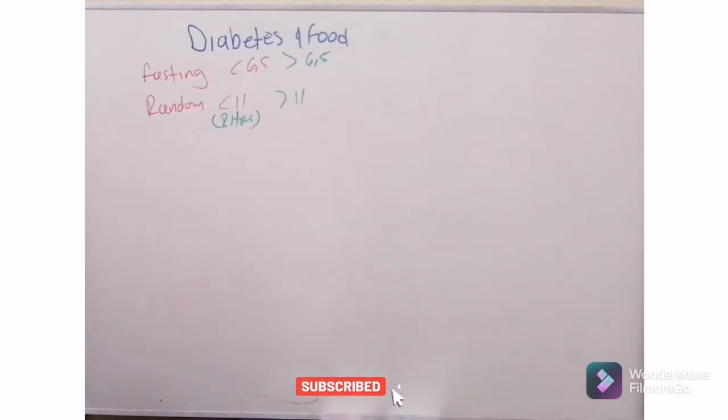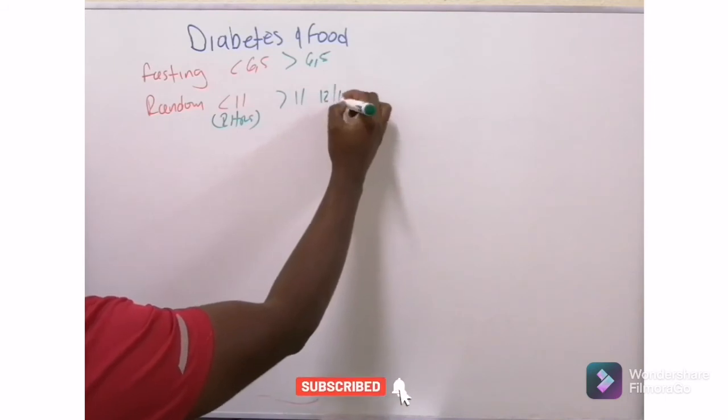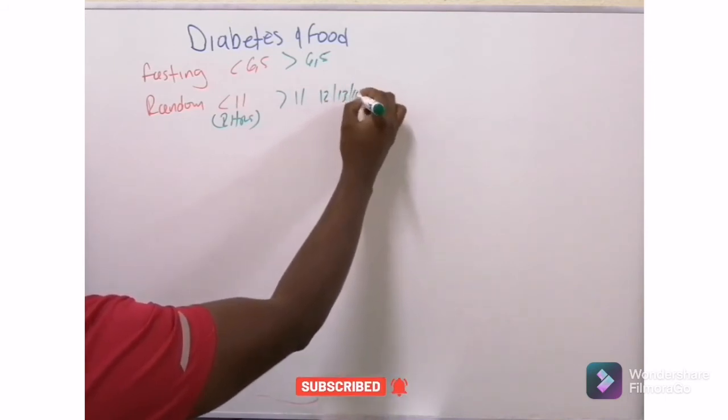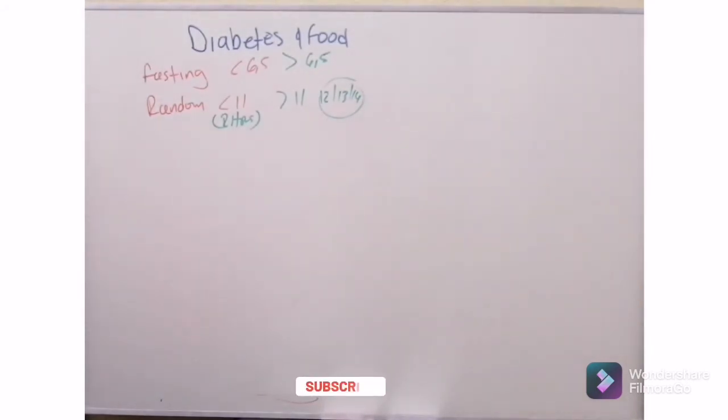But for a blood sugar of about 12, 13, 14, rather investigate this person a little before starting treatment. But at 15, 16, 17, 18, 20, you can just say they are diabetic and start them on treatment.